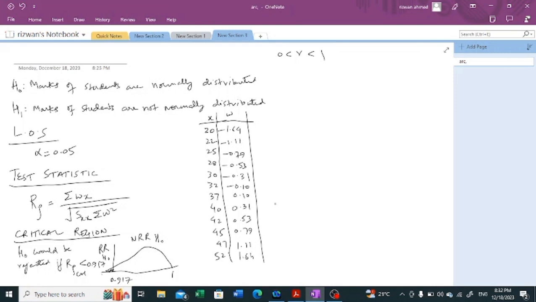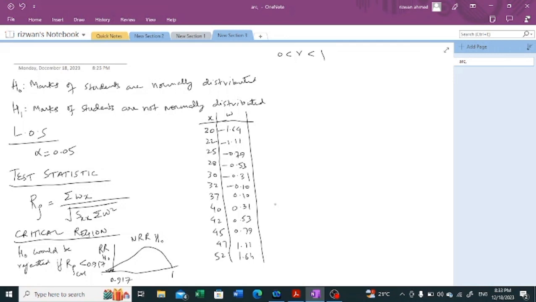What we need to do now, I'm going to enter this data in the calculator using regression mode with the linear option. If you have a different calculator in which we go for the a plus bx option in regression, you can follow accordingly. In that calculator, the tabular structure will appear.